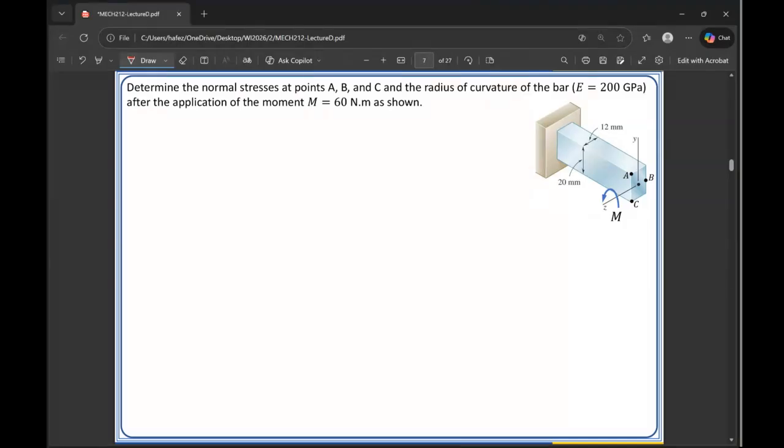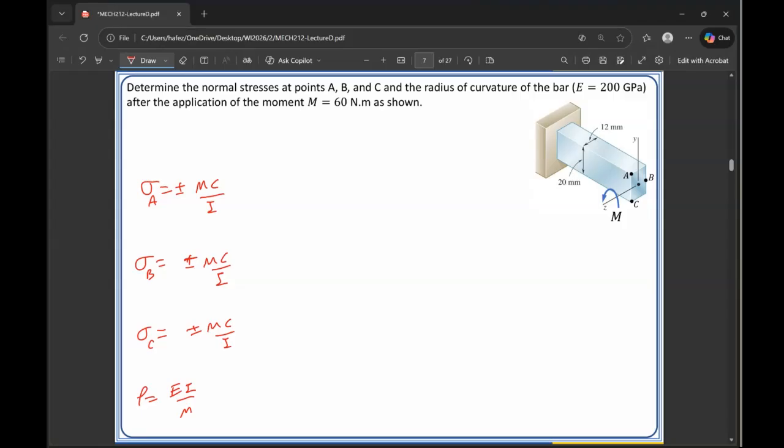So let's calculate stresses. So 3 points, A, B, and C. We said plus minus MC over I for A, B, C, and then rho, we said EI over M. So we see that M is bending or curling around Z. That's how I determine the bending axis.